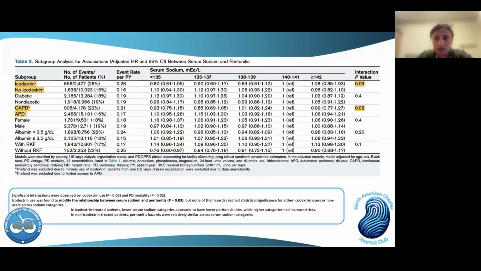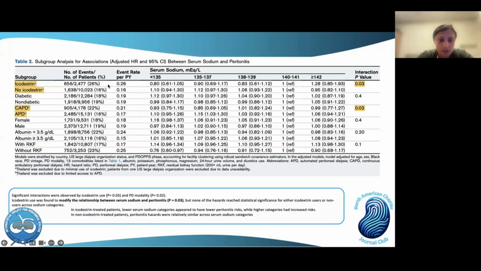However, it is worth noting that there was a significant p-value for interaction in the icodextrin use and those who were on different modalities of PD, CAPD versus APD. What does this mean? Icodextrin use was found to modify the relationship between serum sodium and peritonitis with a p-value of 0.03, which is less than 0.05 and which is significant. But however, none of these reached statistical significance.